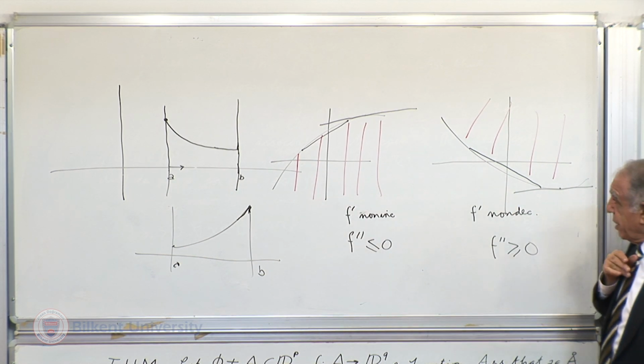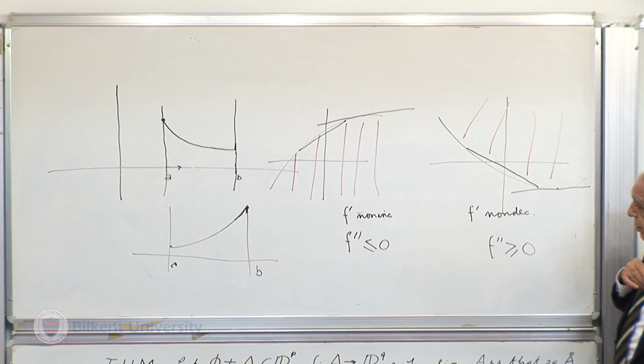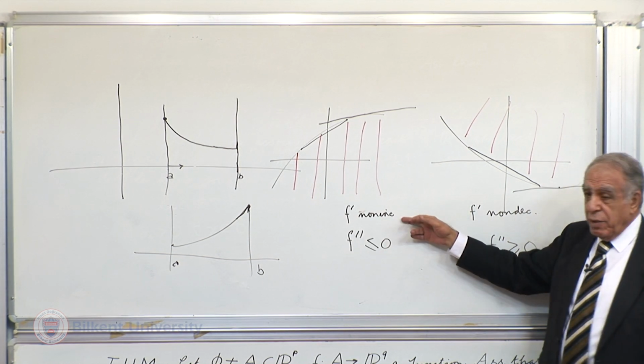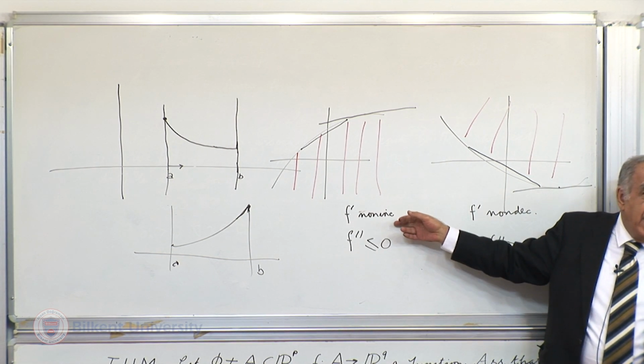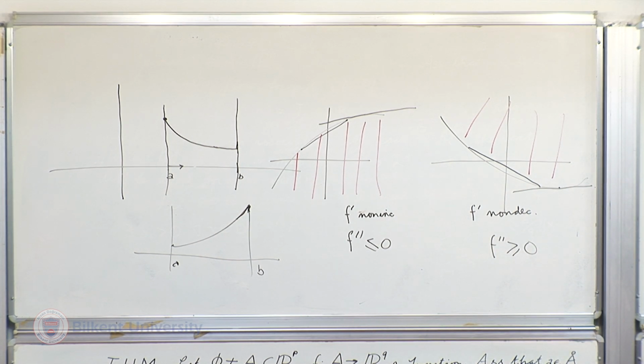The fourth one: if f is on R to R, f prime is on R to R as well, and then we can say what's increasing, what's decreasing, non-increasing, non-decreasing.